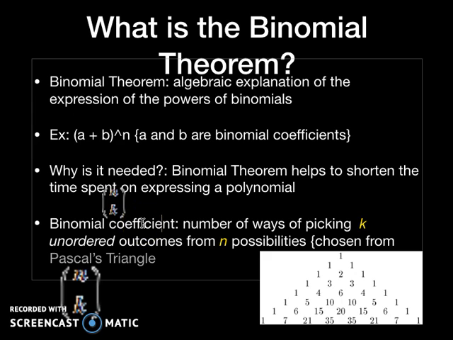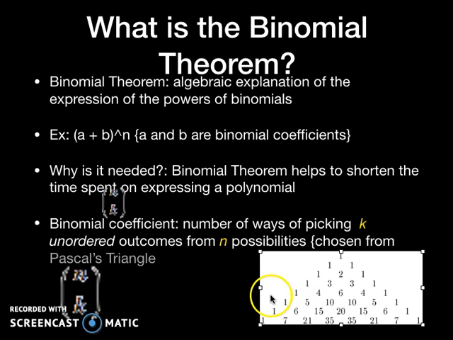So like I mentioned before, the binomial coefficient is the number of ways of picking k unordered outcomes from n possibilities. And these values are chosen from Pascal's triangle, which you probably already know about, but it's right here in the right-hand corner. It's a list of values in which each value corresponds to the sum of the two values above it.